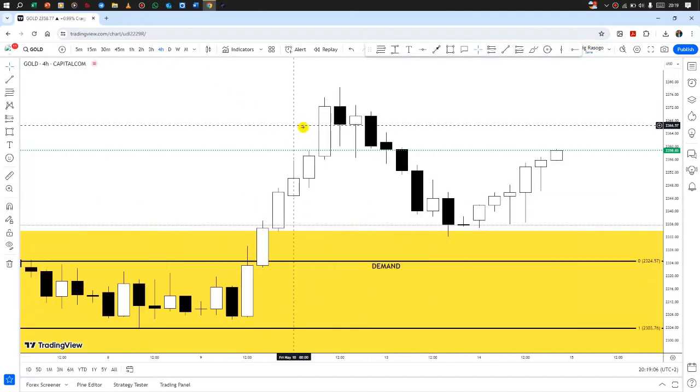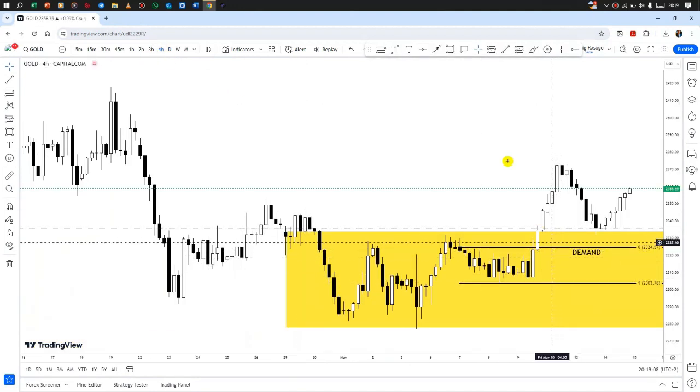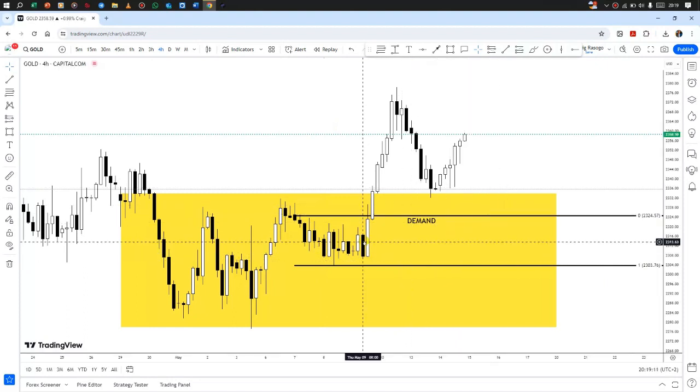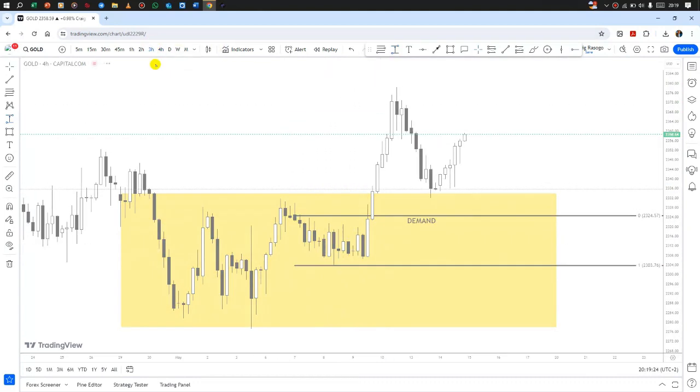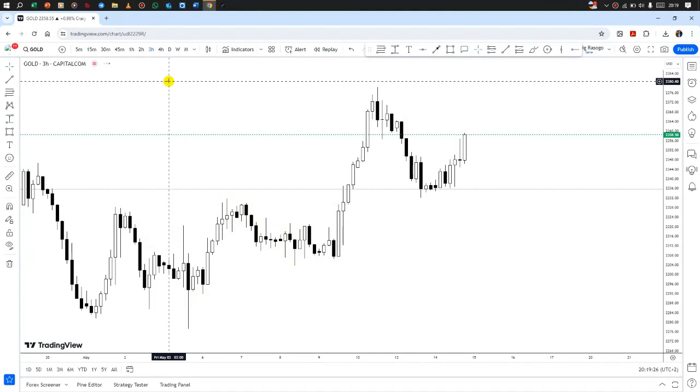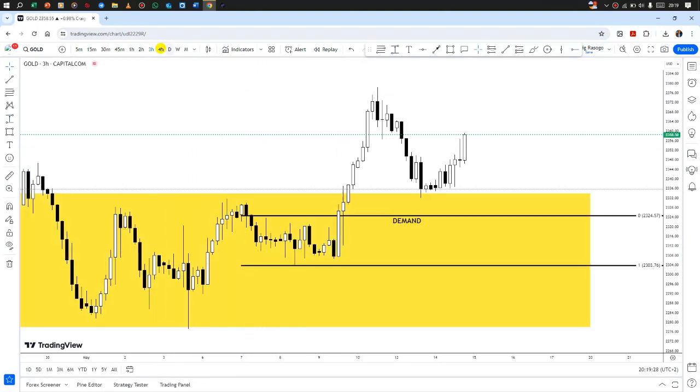Let me show you guys. As you can see already, we do have a drop base rally demand zone on the 4-hour time frame with a significant imbalance here, but I was not sure about it, so I kept refining. Let me show you.